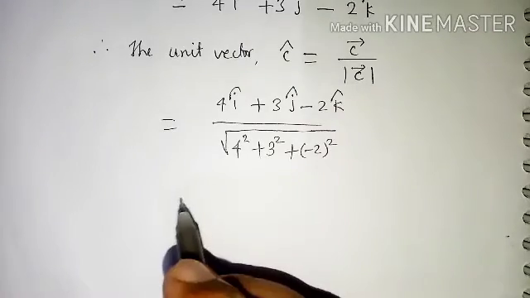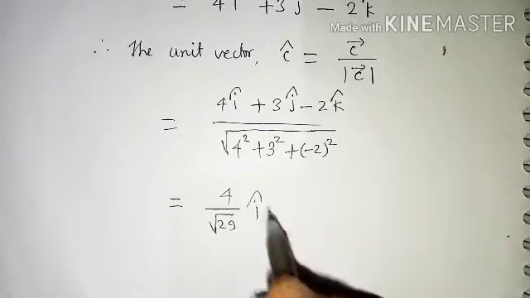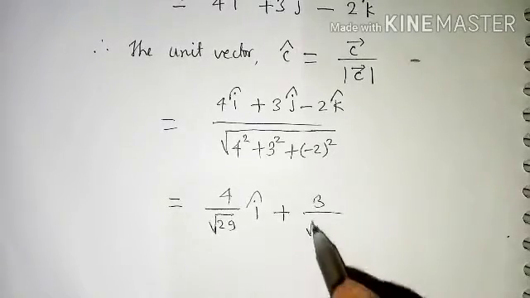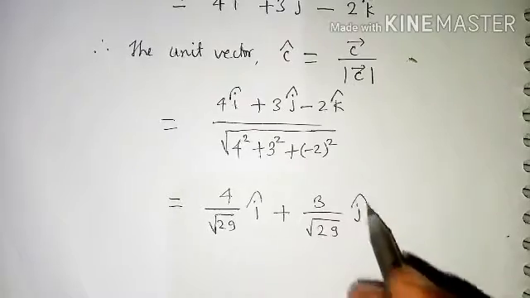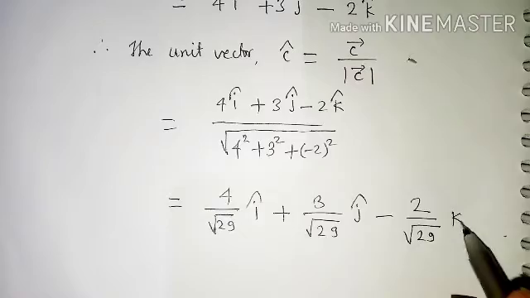So this can be written as 4 by square root of 29 i cap plus 3 by square root of 29 j cap minus 2 by square root of 29 k cap.